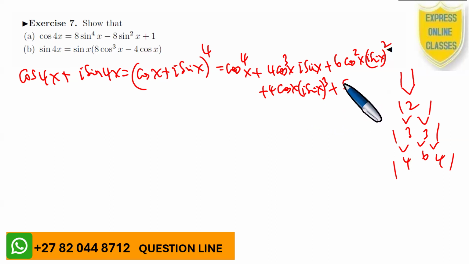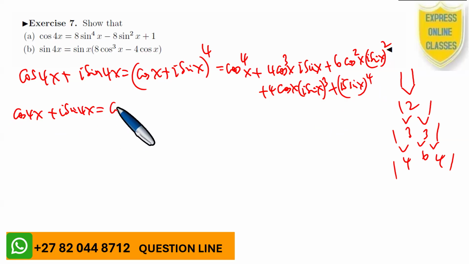And then you have i, the sine to the 4th power of x. Which means that whenever you have cosine 4x plus i, the sine of 4x, is the cosine of this.